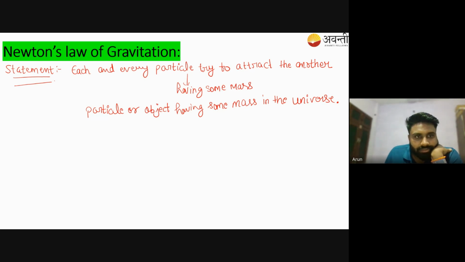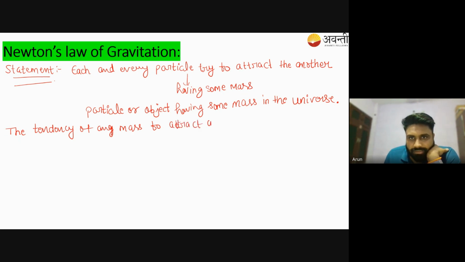So write it here. The tendency of any mass to attract another mass is termed as what? The chapter that we are studying is termed as gravitation.